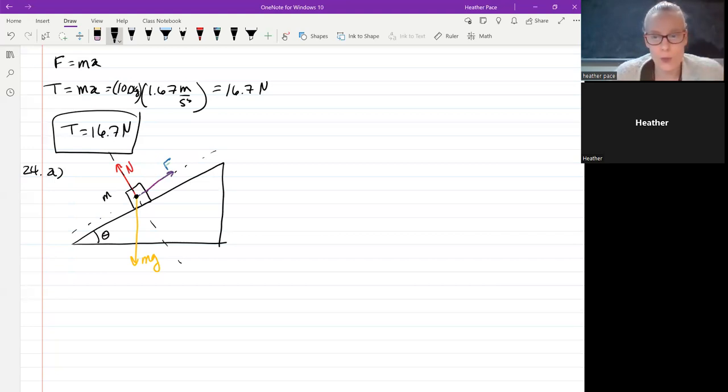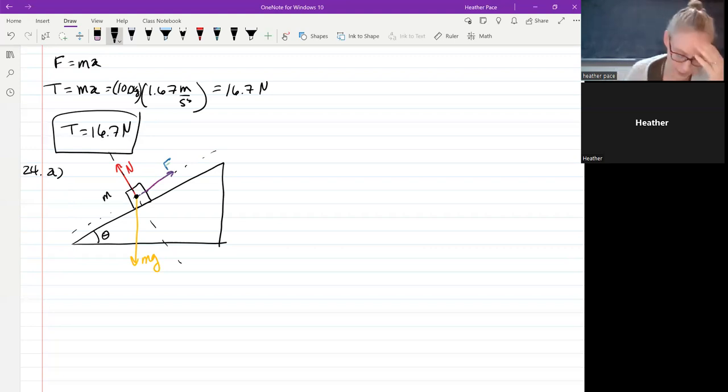If we were to choose our coordinate system as I first drew it, we would have to find both coordinates of the normal force. mg is only in the y direction, but that would very much complicate our problem. Here, we're just solving for the x because basically that's what we're looking at.